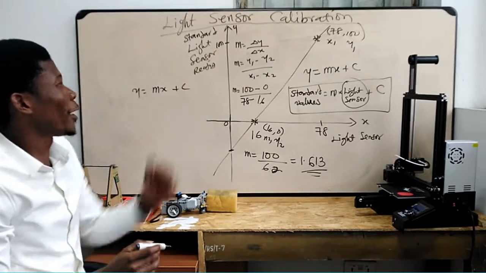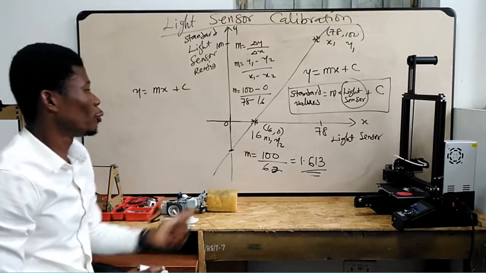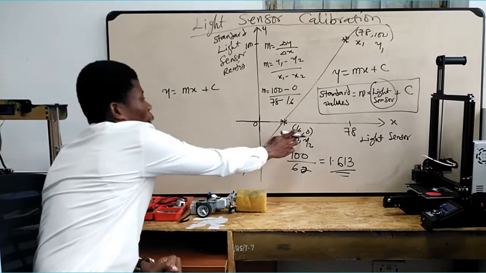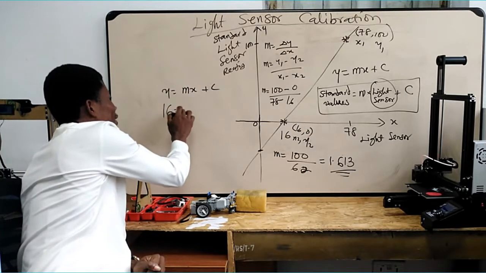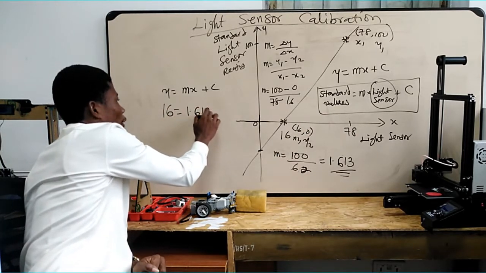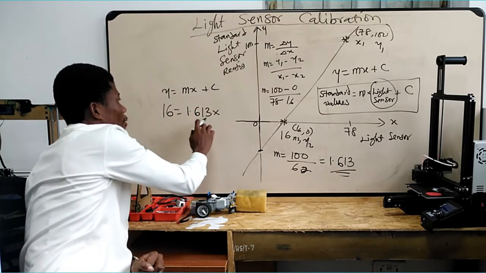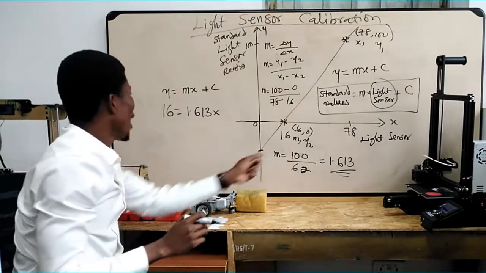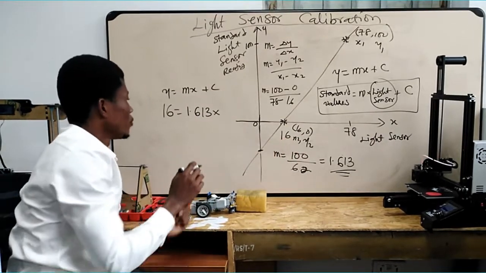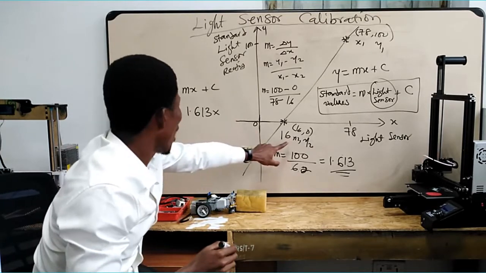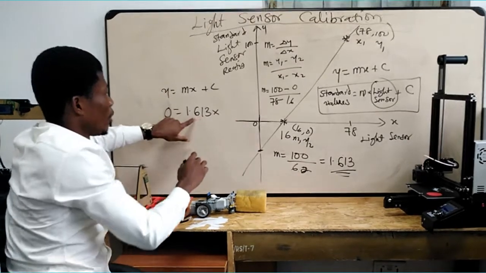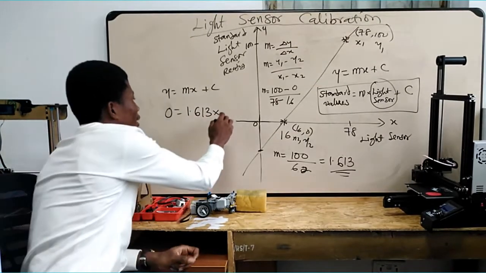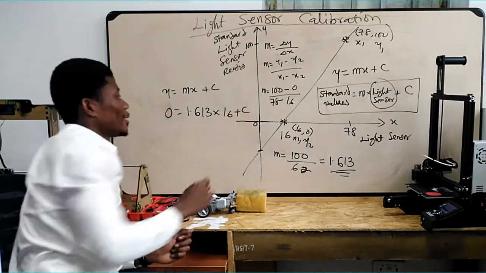If we substitute, let's pick 0.2, makes it easier. When y was 16, x was 0. So we can say 16 is equal to 1.613 times the x value at that point, which was 0, plus c.